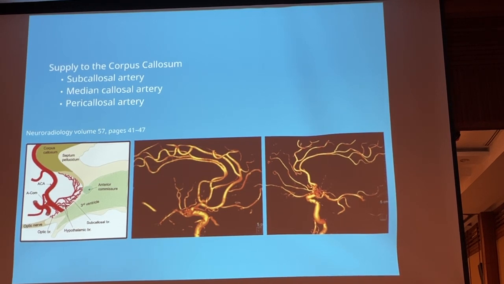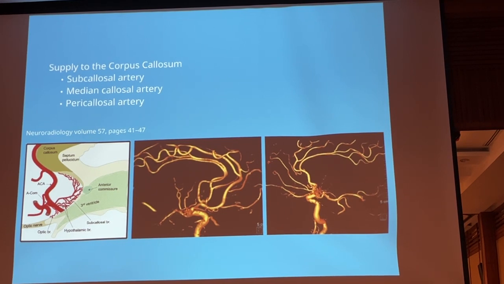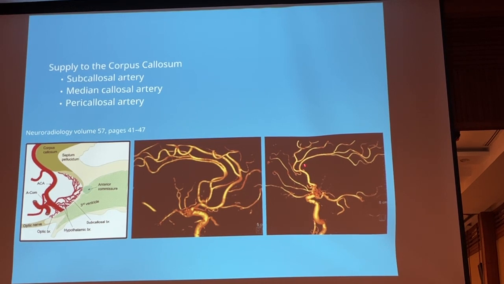And again, there's papers describing stroke related to closure of the median callosal artery, where the entire corpus callosum is infarcted because it's the only supply to the corpus callosum. And then the third possibility is this one, the pericallosal artery, that not only supplies the corpus callosum, but also supplies cortical territory as well.